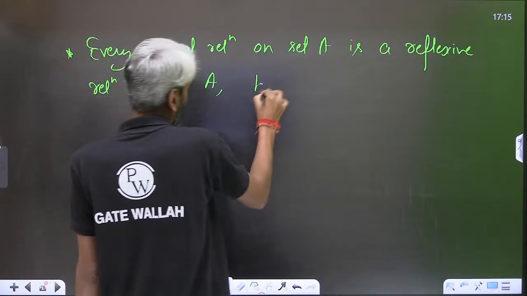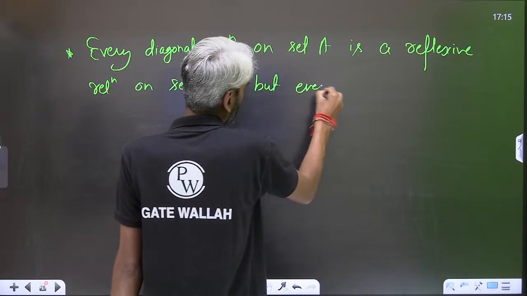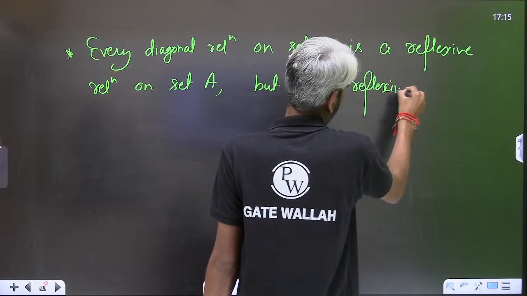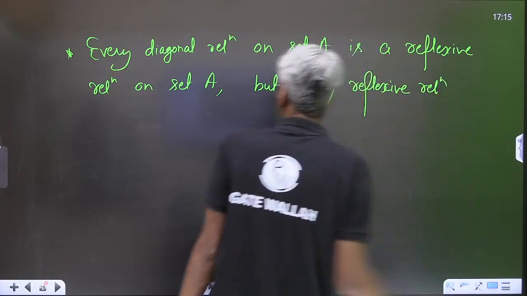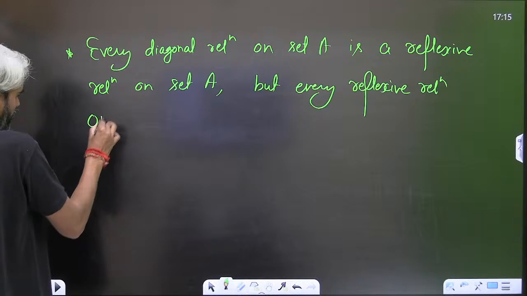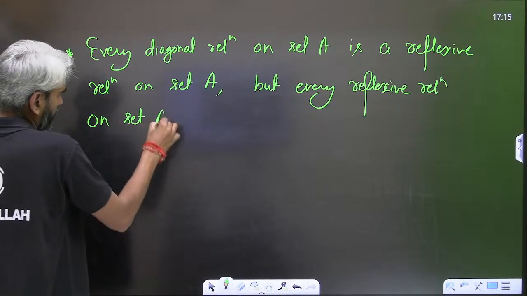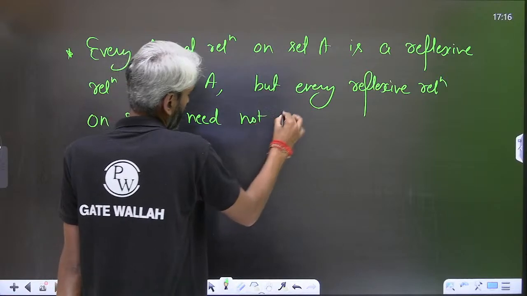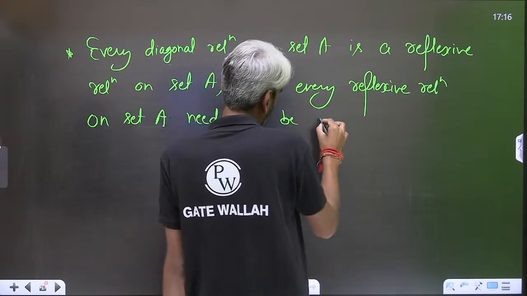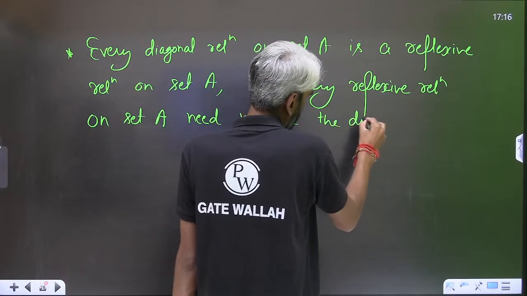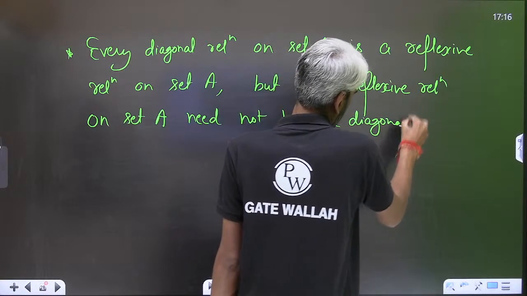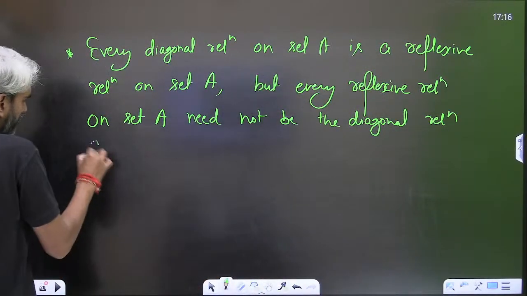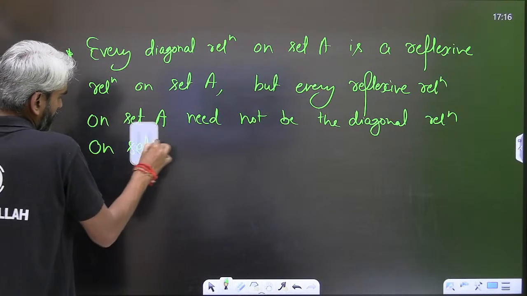But every reflexive relation on set A need not be the diagonal relation on set A.